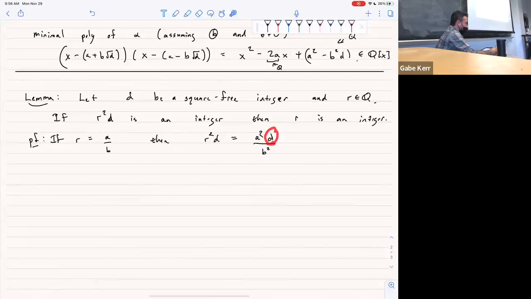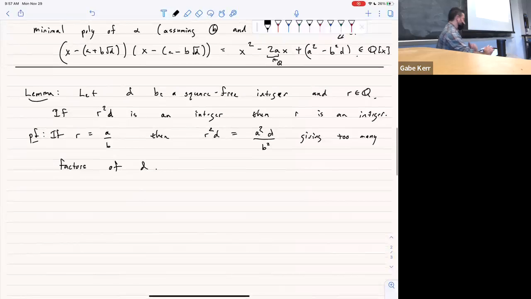We can assume a and b are relatively prime, so none of the factors of a divide b. Then we have two prime factors for every prime factor of b, so they all have to divide d, but d is square free. We can't do that. Too many factors of b squared. This is really just an appeal to the fundamental theorem of arithmetic. We have prime factors.